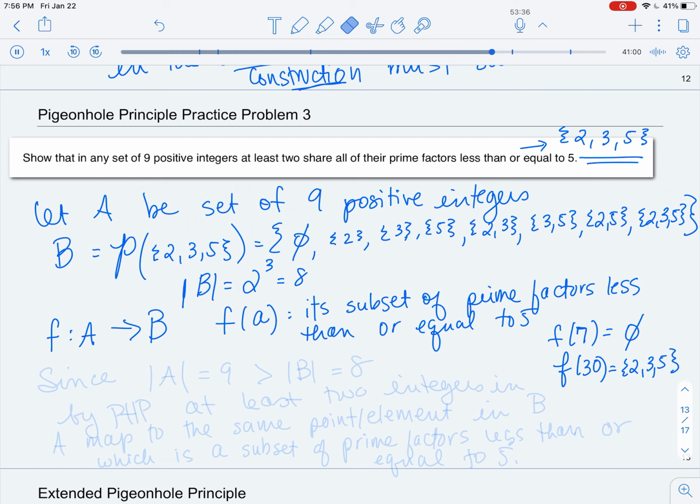Okay, so now we've clearly specified our pigeons, or set A, our pigeonholes, or set B, and the function from A to B. We can see that every element in A will map to one of the subsets in the power set of the prime factors less than or equal to 5, so it definitely maps to a point in the codomain.